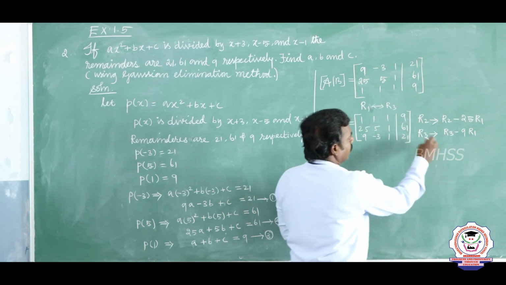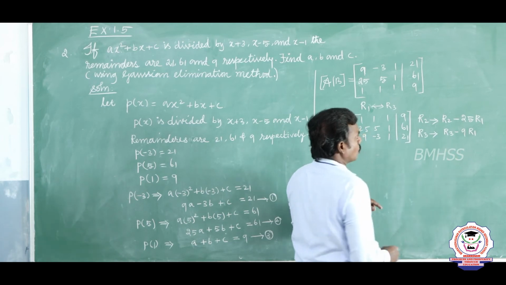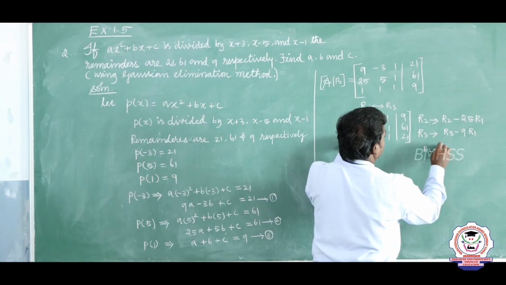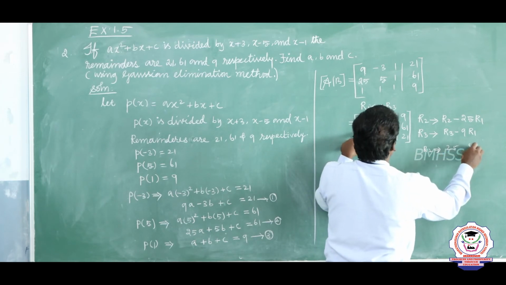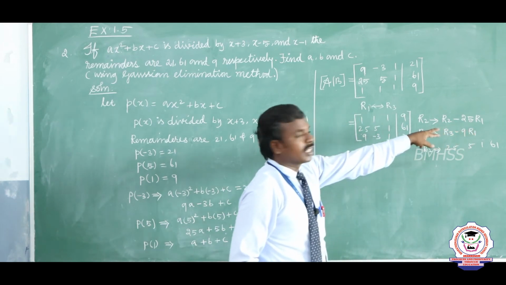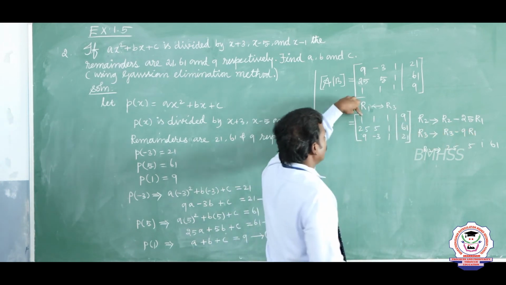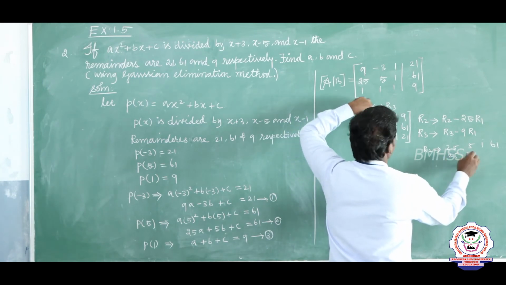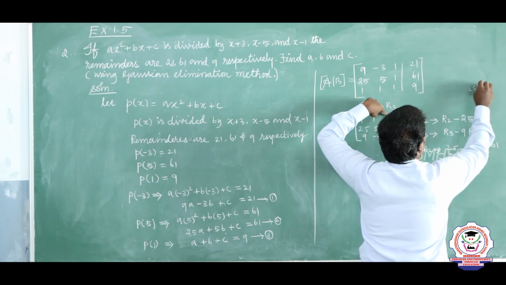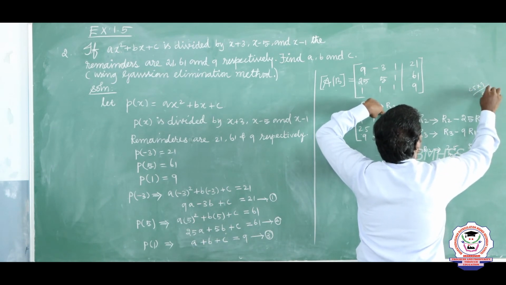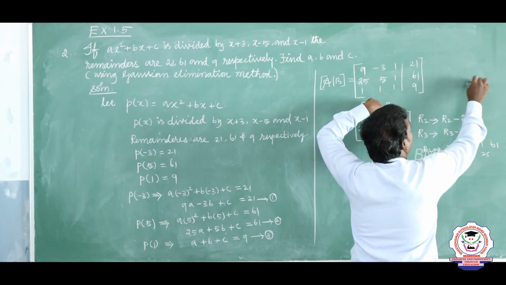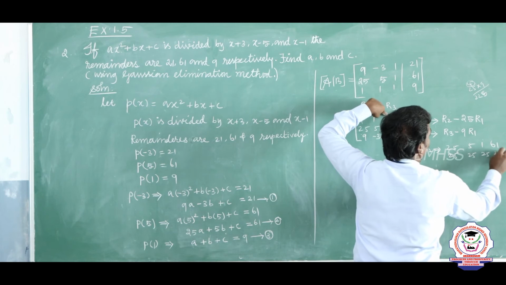Listen to this. Before that, first I want to find the change in R2. Please listen to this. R2 is 25, 5, 1, 61. So I am going to multiply the first row by 25: 25, 25, 25, and 25 into 9 is 225.